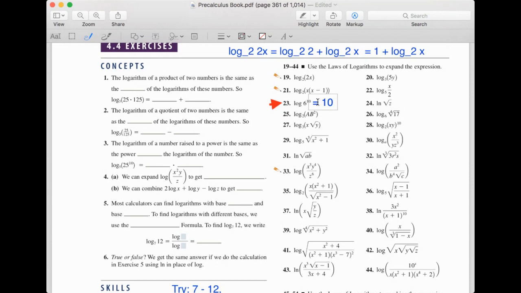So it's going to be 10 log 6. The only thing we can do with this one is move the exponent up front of the log. So that becomes 10 log 6, log without any base, just base 10.